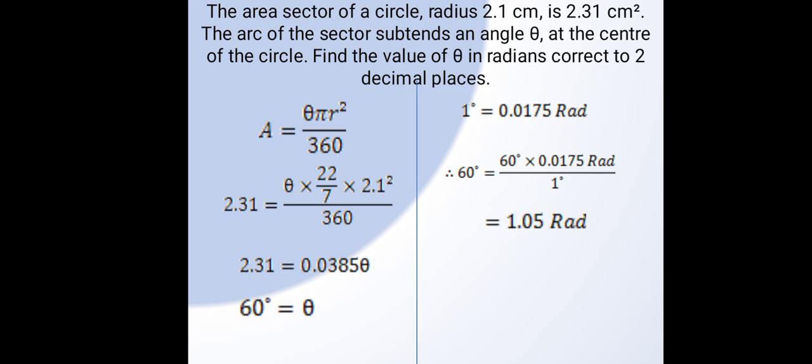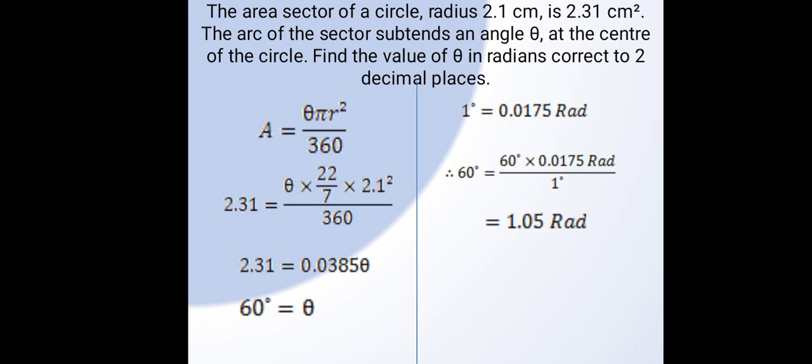The area of a sector of a circle of radius 2.1 centimeters is 2.31 centimeters squared. The arc of the sector subtends an angle theta at the center of the circle. Find the value of theta in radians correct to 2 decimal places.